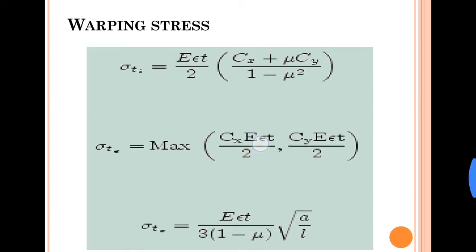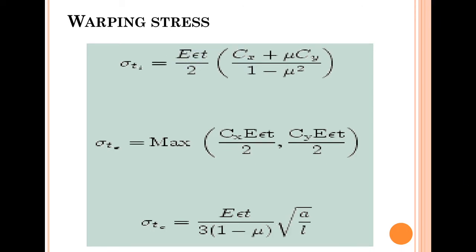Here capital E is the modulus of elasticity of concrete, in kg per centimeter square. Then we have epsilon, that is the thermal coefficient of concrete. Then T, small t, is the temperature differential between the top and bottom of the slab.